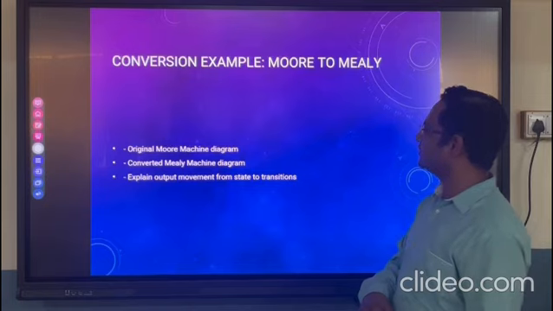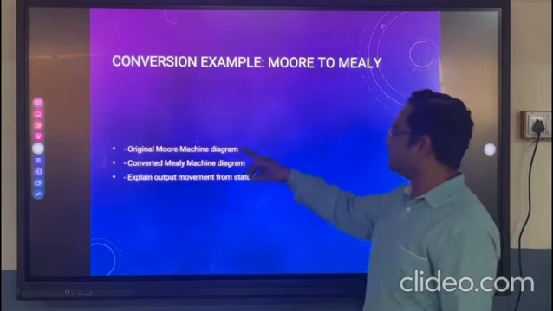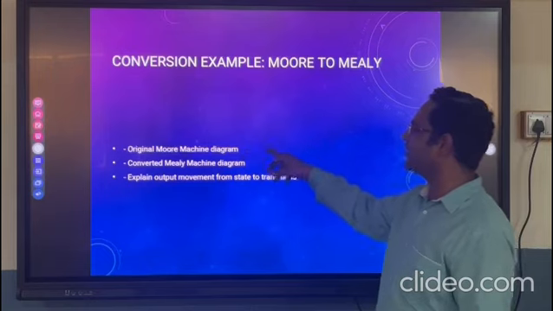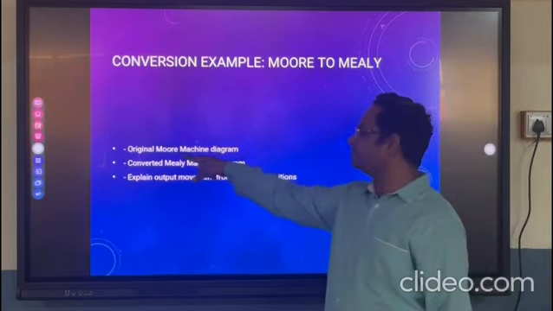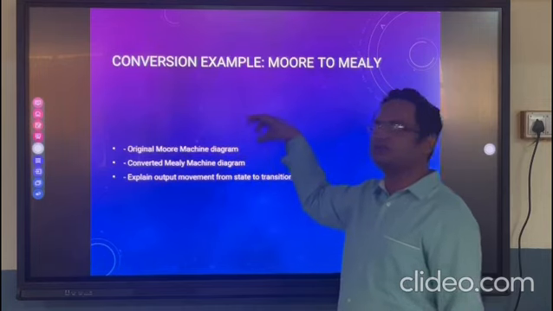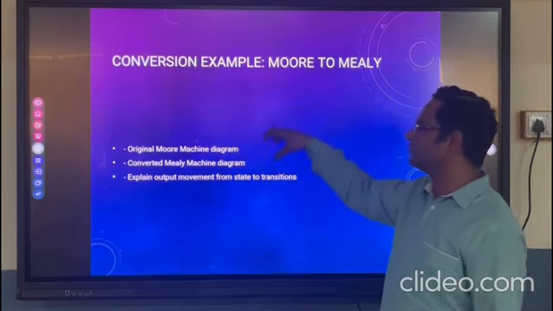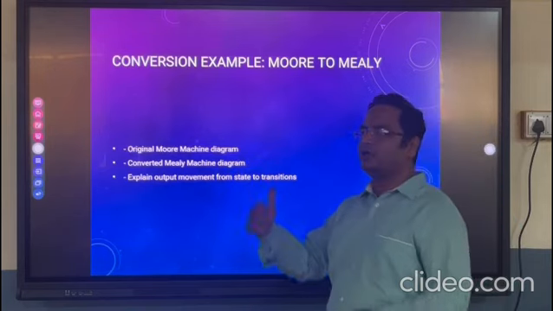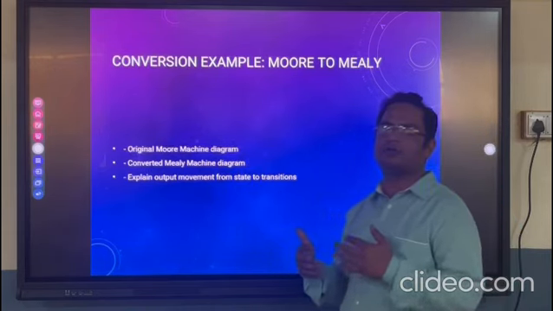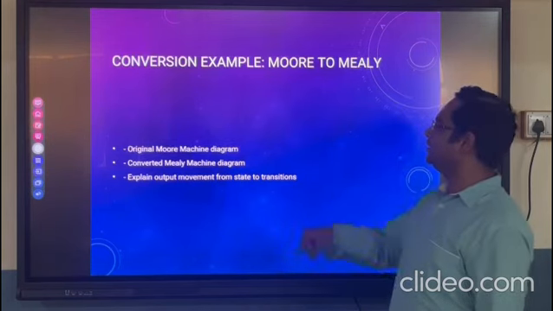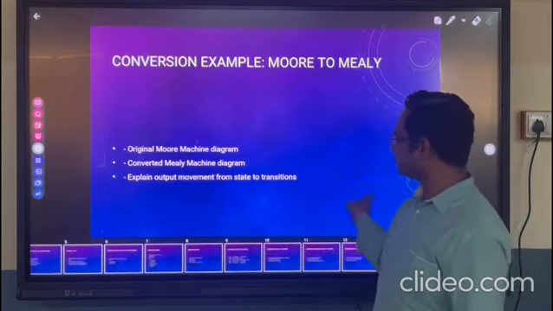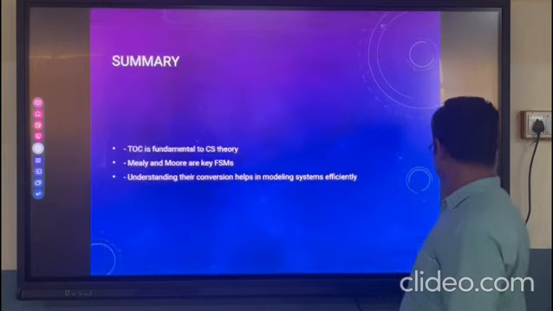Here is the conversion example: the original Moore machine diagram. We need the original Moore machine diagram to know about the transitions of a particular state, and if we convert it into a Mealy machine, then the next diagram is shown.